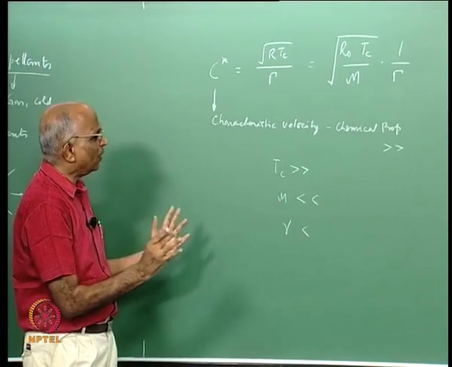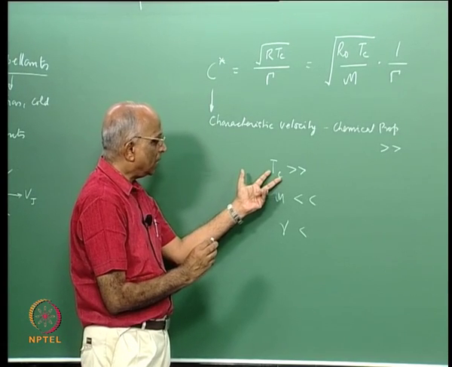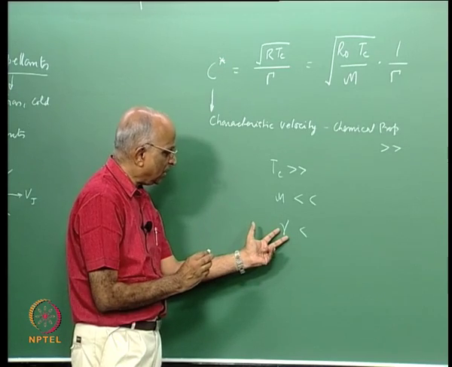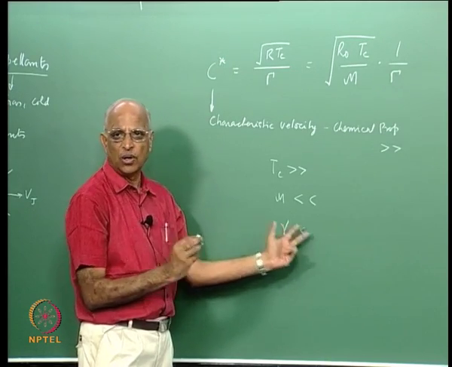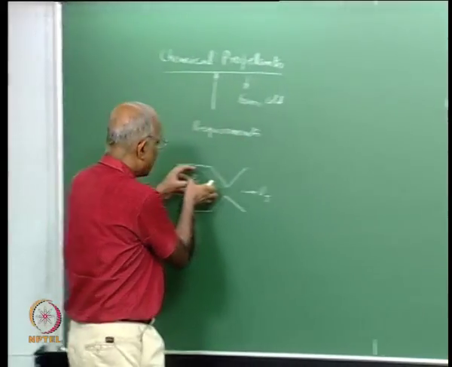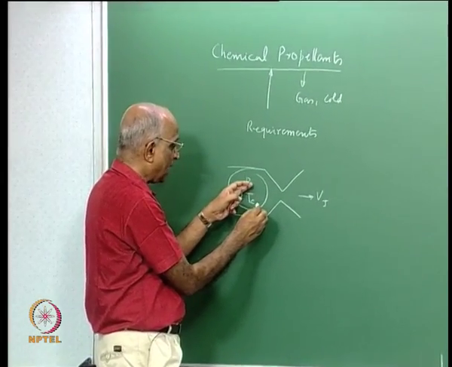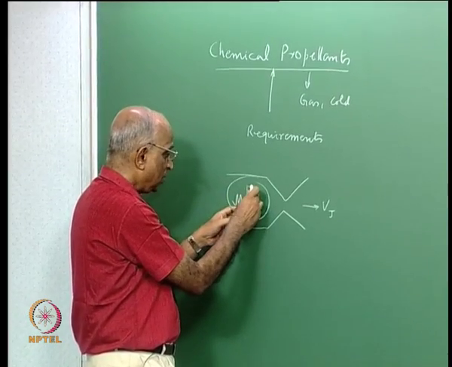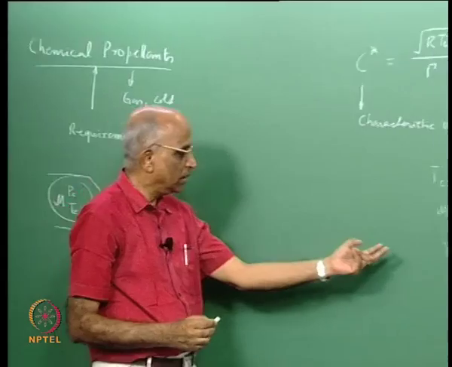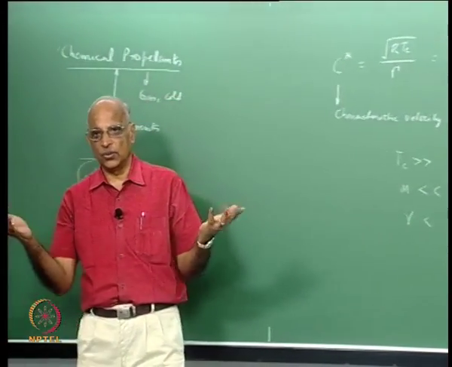Therefore, basically I would require Tc to be large, the molecular mass of the gases to be small, maybe the specific heat ratio also to be a small number. If I can have propellants which generate gases such that the temperature and pressure of the hot gases are large, the molecular mass of the gases is small, and the specific heat ratio of the gases is small, this is what a propellant should do.